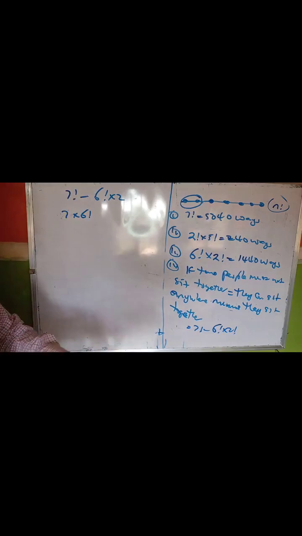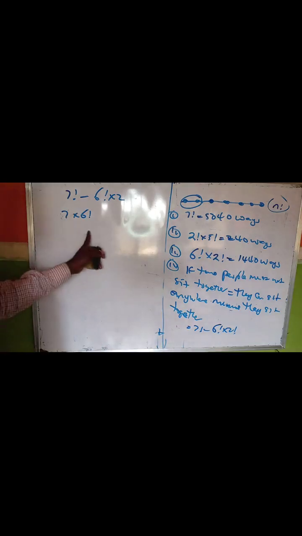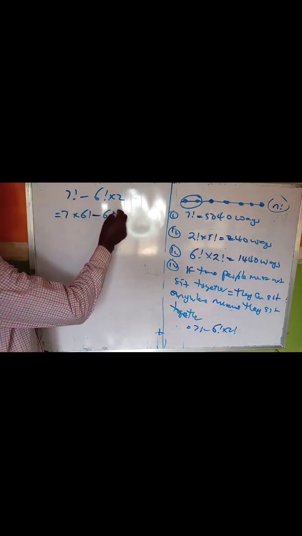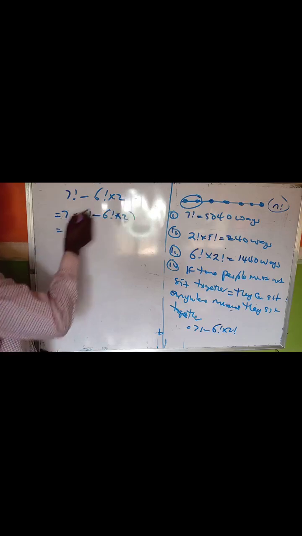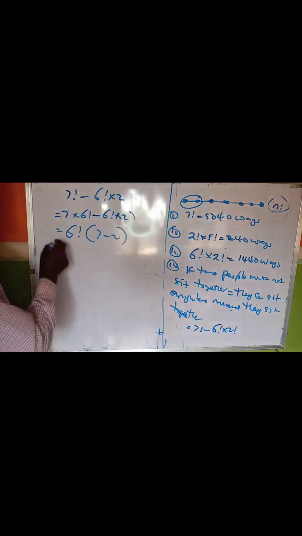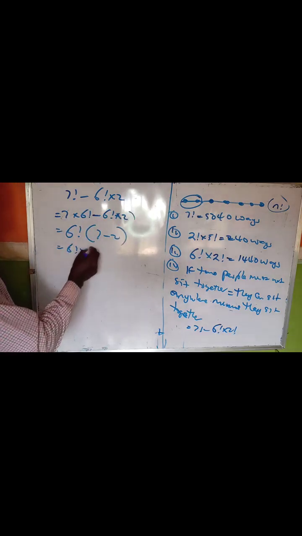So you bring it down a bit. You can do it 7 times 6 times 5 times 4 times 3 times 2, but just bring it down a bit. So what you have here is 6 factorial times 2 factorial. So what you have here is 6 factorial into bracket 7 minus 2. So you will have 6 factorial times 5.